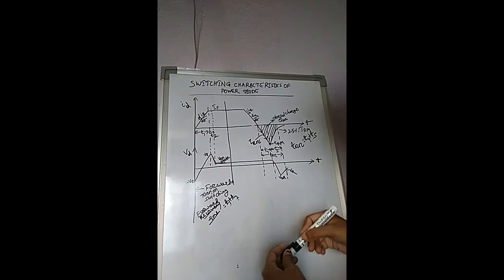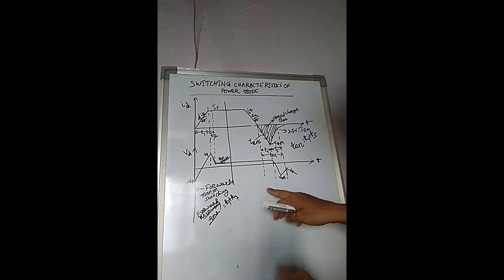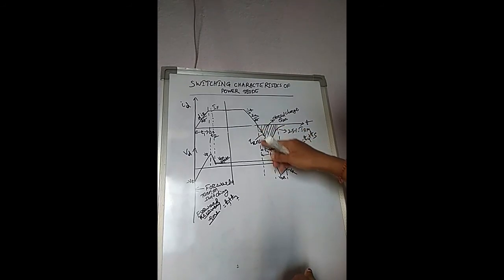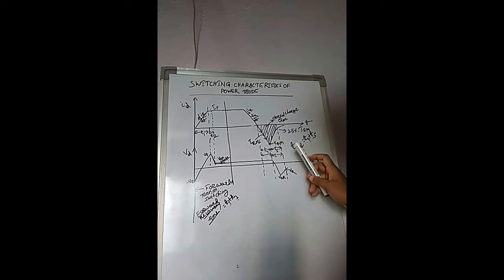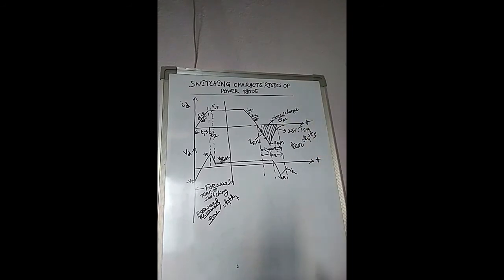After being in the reverse state, the diode is still conducting due to the stored charge. This shaded part is the stored charge, represented by QRR. After the reverse recovery time, the diode current again decays to 0, and then the diode is completely turned off. So what happens to the voltage?